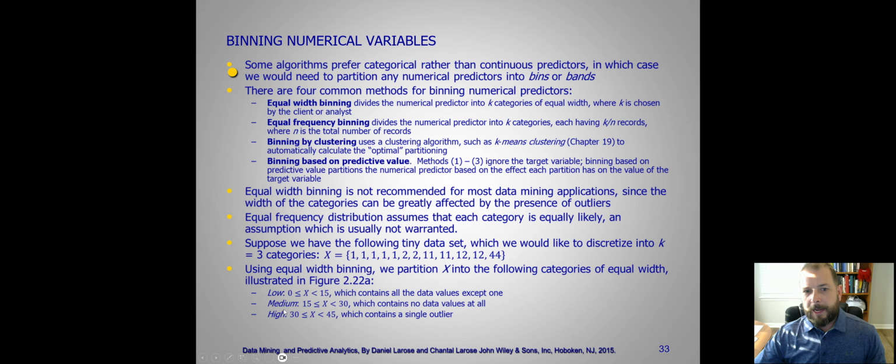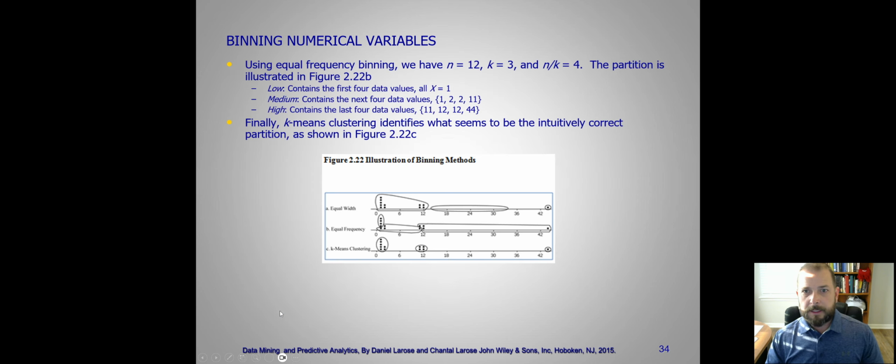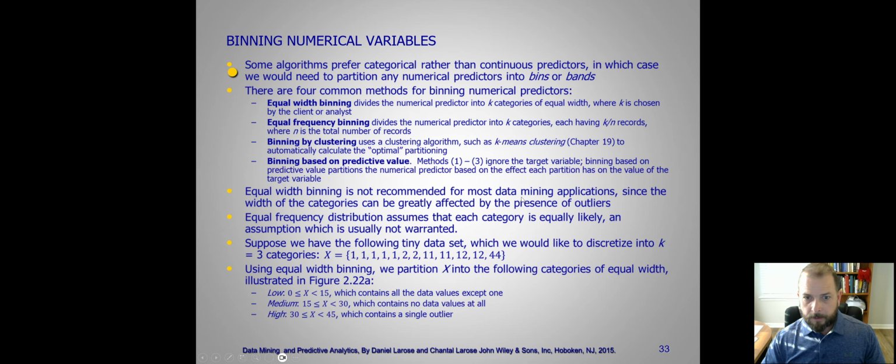I think in the next slide we have an illustration of this. If I have values going from 0 to, say, 45, I'll split up the first category between 0 and 15, then 15 to 30, and then 30 to 45, I think that's how it is.